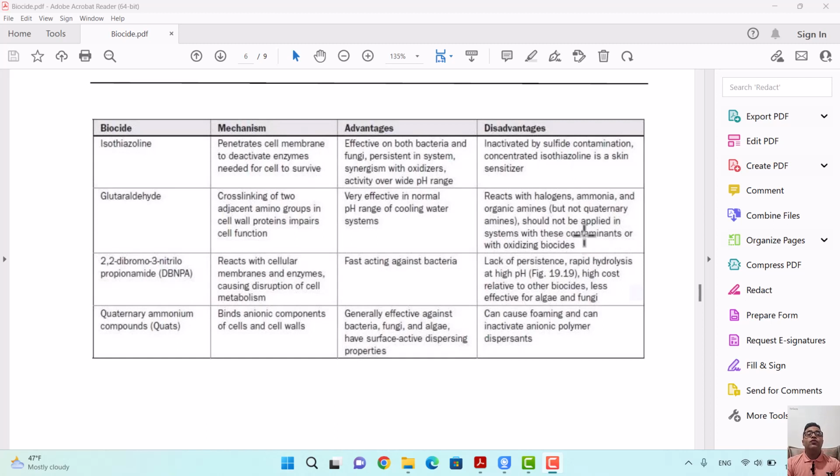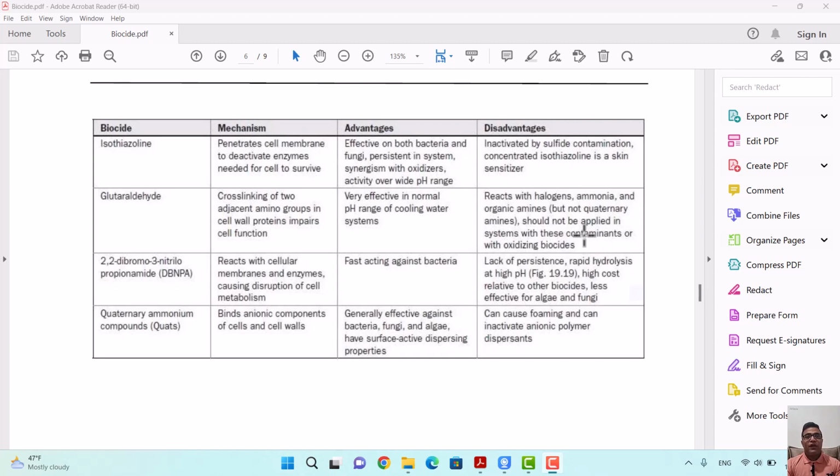So if you use oxidizing biocides such as calcium hypochlorite, it is better not to use glutaraldehyde as the non-oxidizing biocide for your systems. Another thing: if you have tested and there are some residuals of ammonia in your cooling water, then it is better not to use glutaraldehyde.